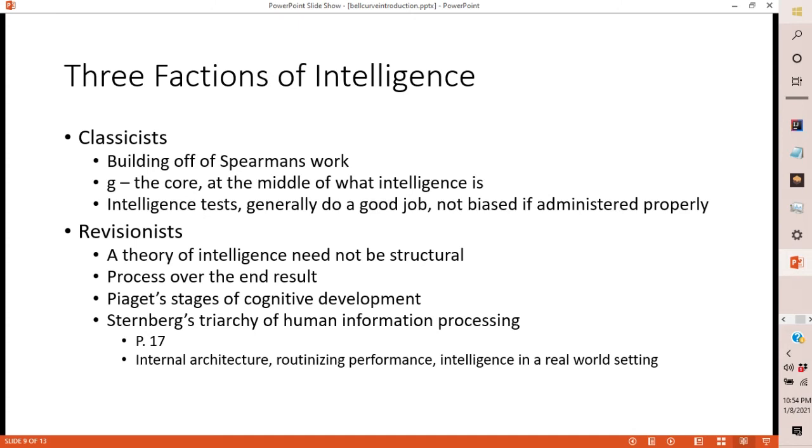So if you're a factory worker, you're going to do what's necessary to be the factory worker, and it's not going to be the same thing as a lawyer. But if you do move towards the lawyer route, then you're going to develop a routinizing performance. You're going to develop processes to adjust to that new setting. That's what the revisionists are.